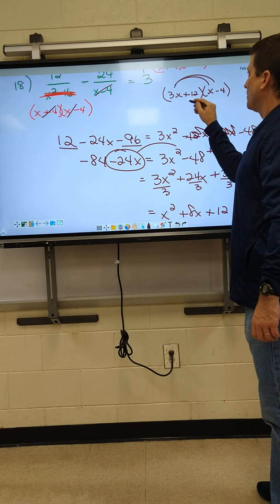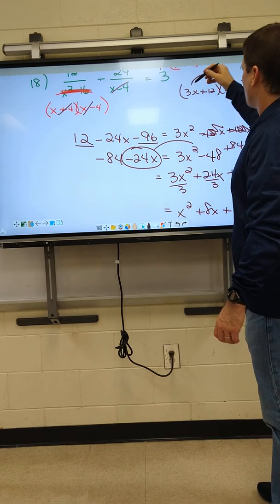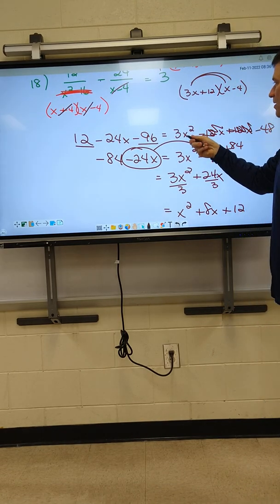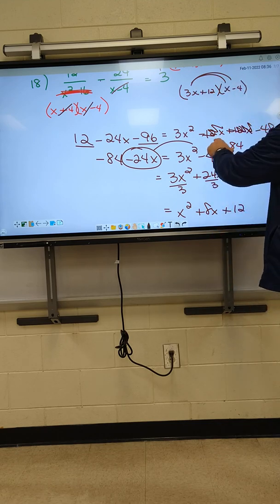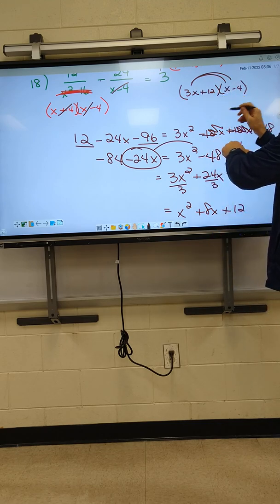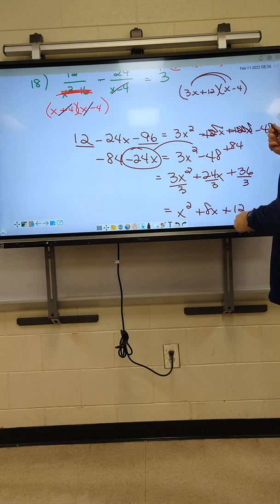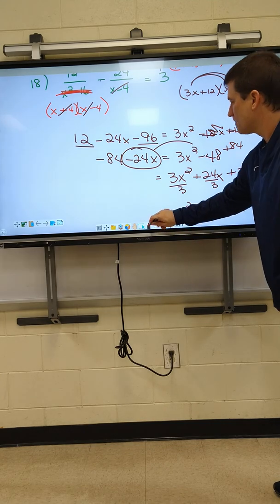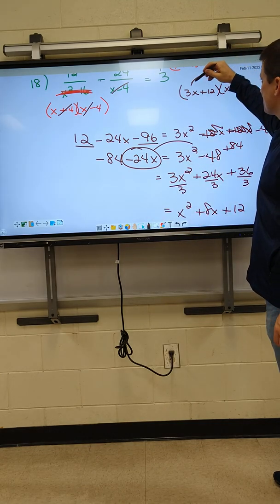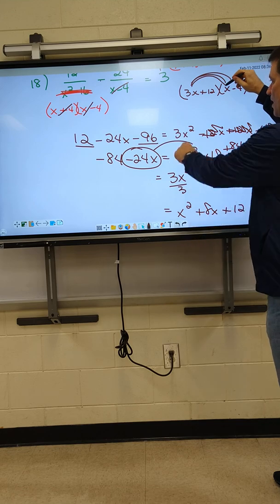I did the full method with that and that. So 3x times x gave me 3x squared. Then I had a negative 12 and a positive 12. They cancel. 12 times 4 is negative 48. Don't you times the 3 to both of them though? Mm-hmm. You didn't do it to the second part then. I times these two, I got 3x squared.